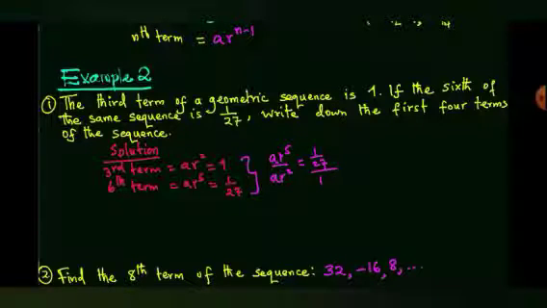So this gives us R cubed equals 1 over 27. Therefore, R is 1 over 3, the cube root of 1 over 27.